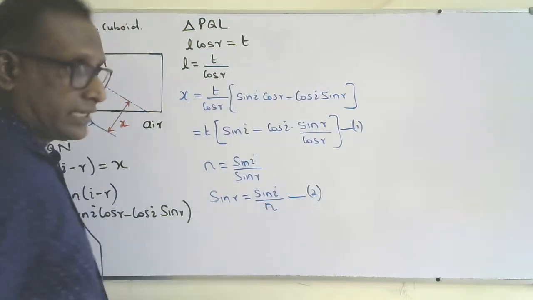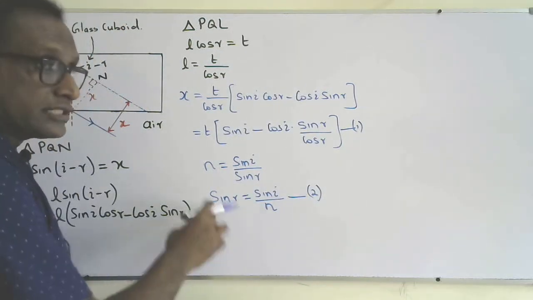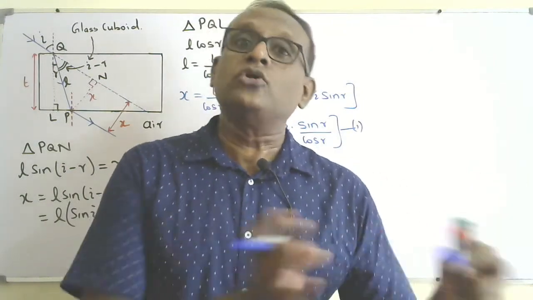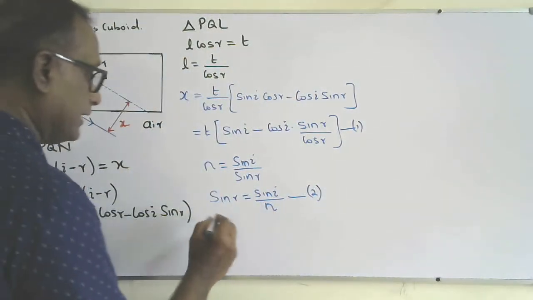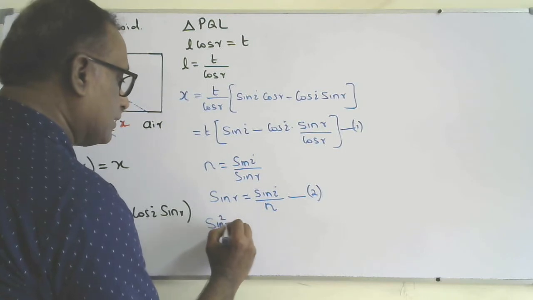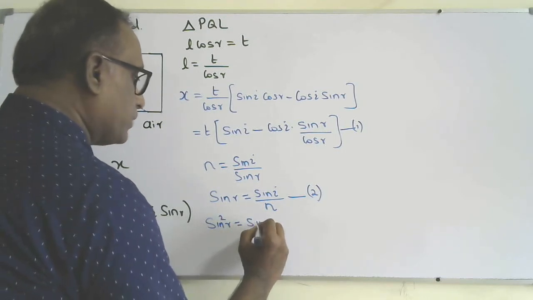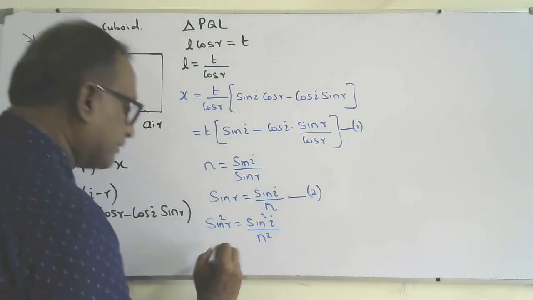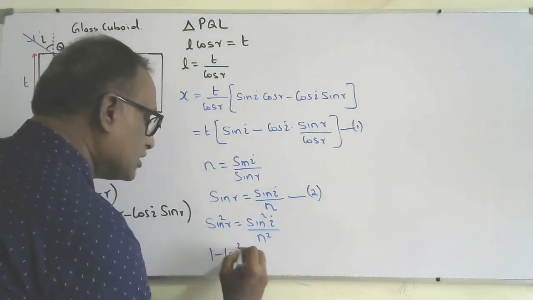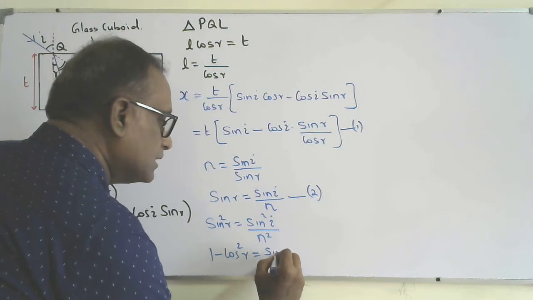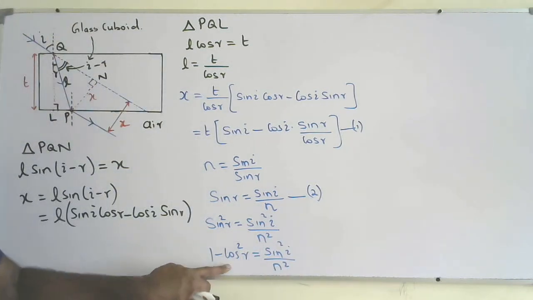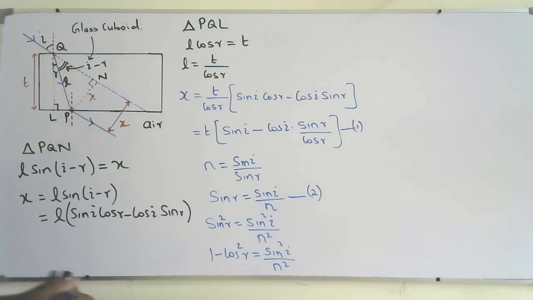Only thing I need is cos r. How can I find the cos r? sin squared r plus cos squared r equal to 1. So I'm going to use that relationship. So I'm going to square it. sin squared r equal sin squared i over n squared. sin squared r I can write 1 minus cos squared r equal to sin squared i over n squared. So from this, you can get cos squared r.